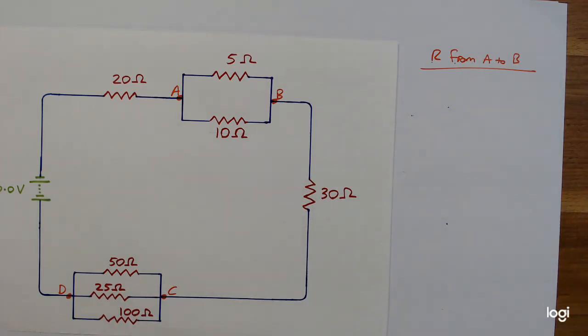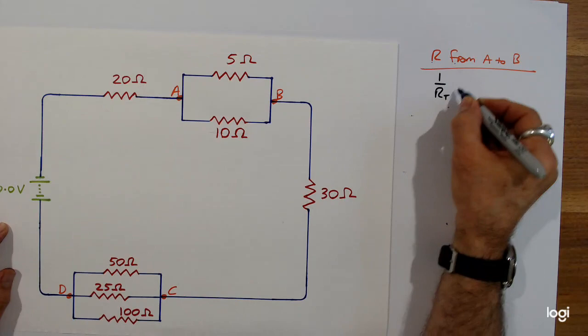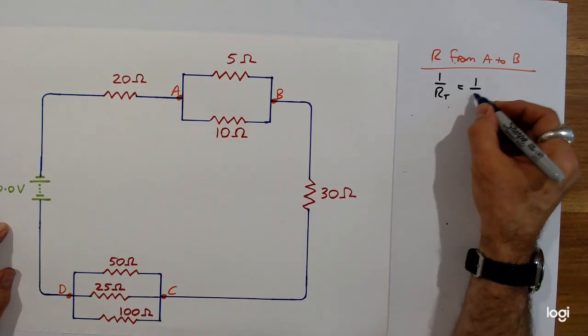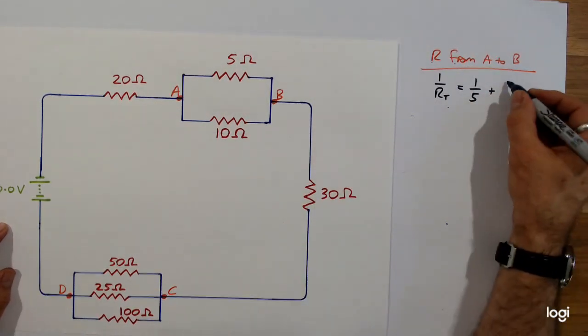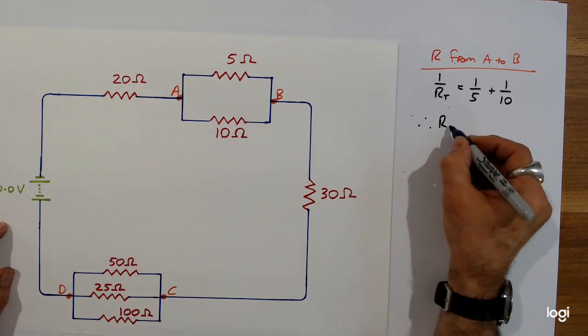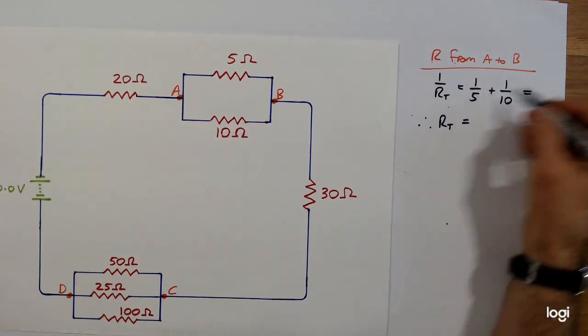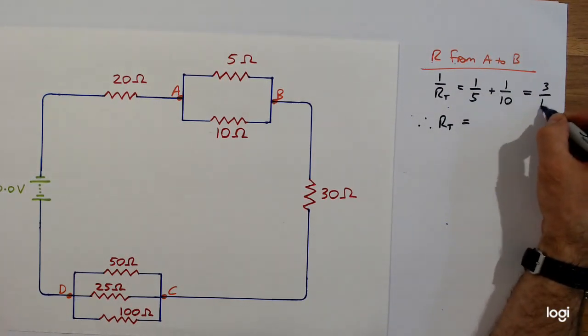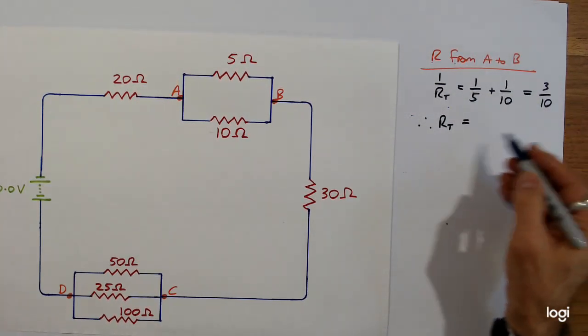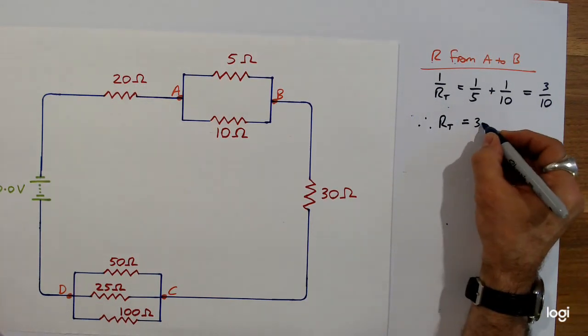All right. So it's parallel. So 1 on the total is going to equal 1 on 5, because that's a 5 ohm, plus 1 on 10. Therefore, RT equals, now that equals 3/10. Right? So you have to flip that answer. It's 10 over 3. 10 divided by 3 is 3.33.